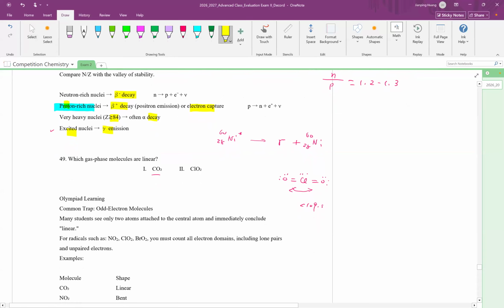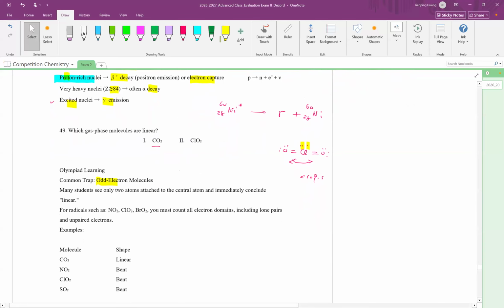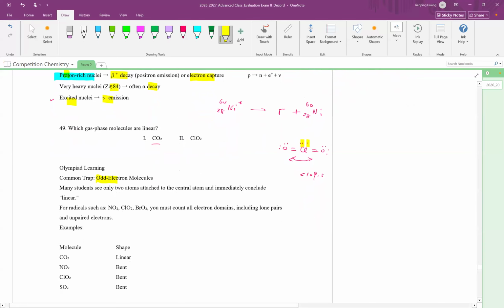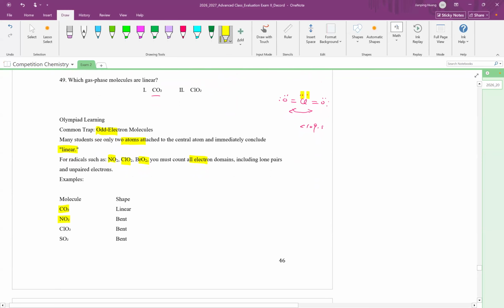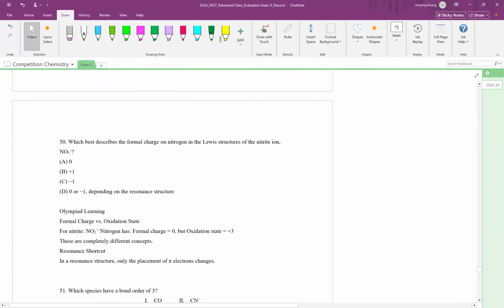Look at the other electron pairs too; they also need an orbital. Many students see two electron groups touching the center and say linear. This is not linear. Remember we discussed electron domain geometry and molecular geometry. This is linear, this is bent. We do not go too deep.